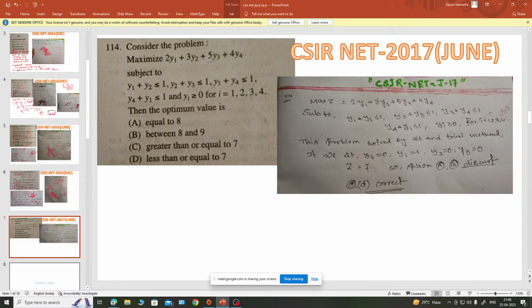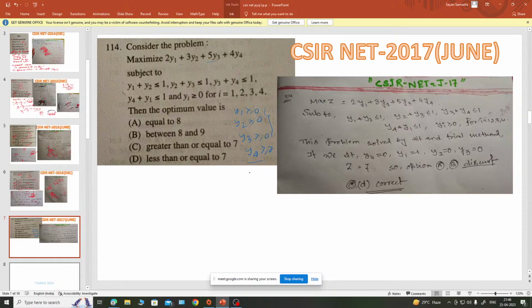First we let each yi greater than or equal to 0, for i equal to 1, 2, 3, 4. That means y1, y2, y3 and y4 are all greater than or equal to 0, so we can also put them equal to 0.